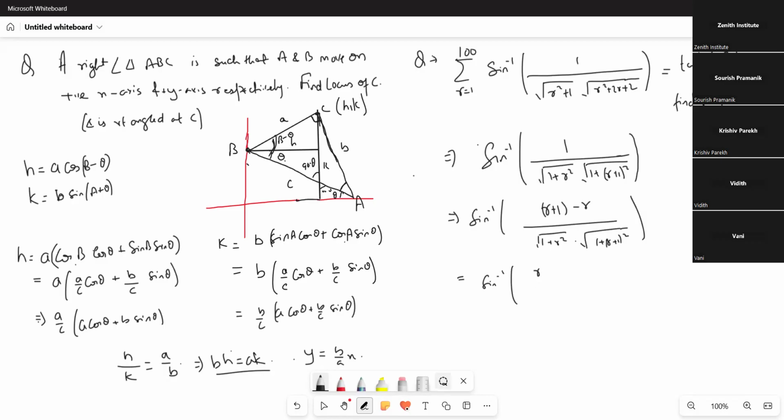So we'll have 1 by root of 1 plus r square into r plus 1 by root over of 1 plus r plus 1 whole square, minus r by root over of 1 plus r square into 1 by root over of 1 plus r plus 1 whole square.